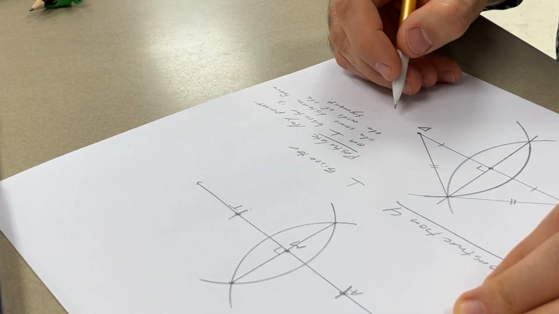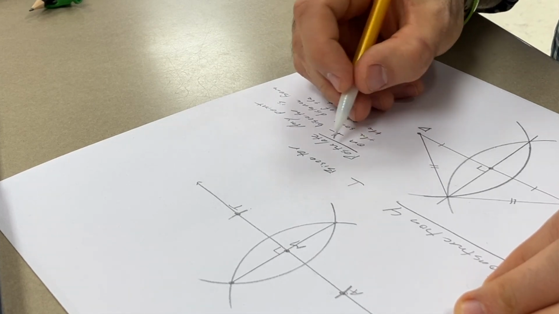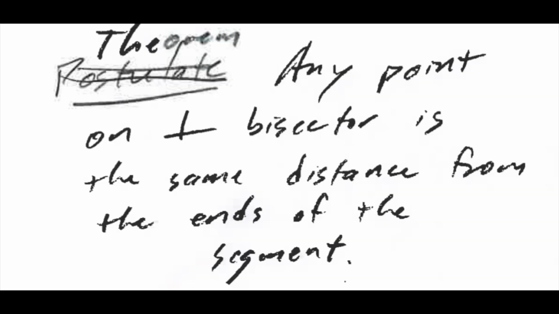Okay, and then a theorem, rather. Actually, it's not a theorem. It's not a postulate. This is a theorem. Theorem. Again, we'll get more into the difference between postulates and theorems later. The idea is a theorem is something we can prove.